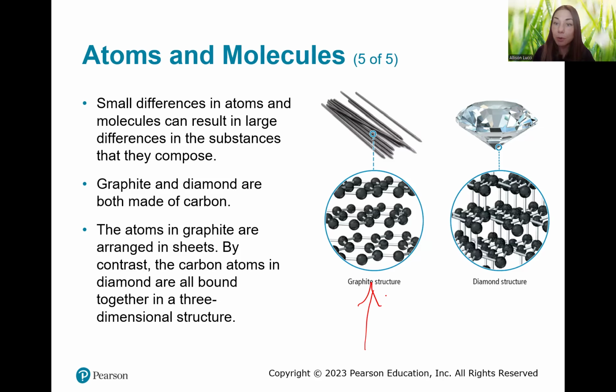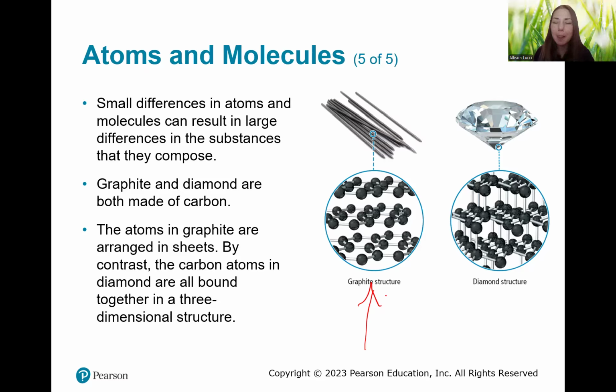Think of your pencil, the lead, quote unquote lead. It's not really lead because that's pretty toxic and you don't want to be chewing on a toxic substance. You don't want to chew on graphite either, but if you accidentally put it in your mouth, it's not as deadly a consequence.